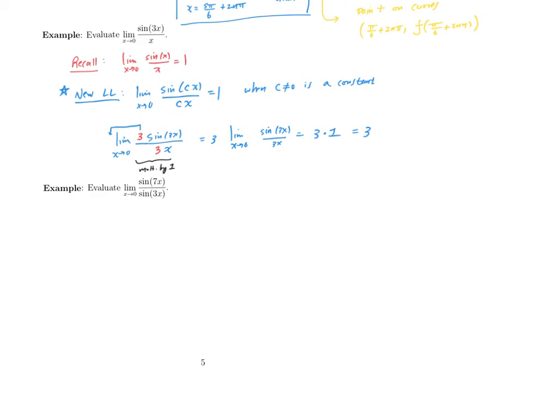Maybe what's a fancy way that we can multiply by 1? And hopefully what you're observing is you have the sine of 7x, the sine of 3x, but if we want to get it back into this form, what we are really missing is having that x in the denominator.